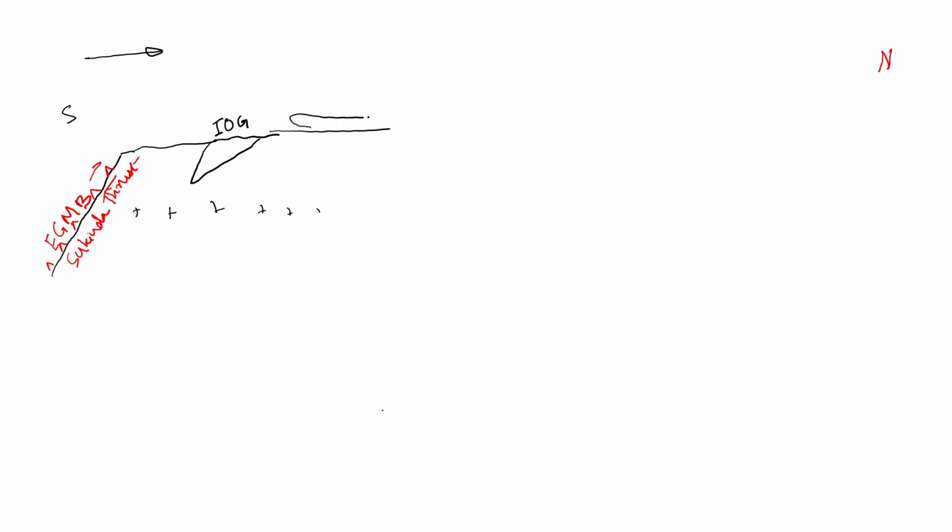On the top, these are the Dhanjori, Simlipal, and Kolhan, which are the platformal sequences. And again over here, this is the iron ore group.